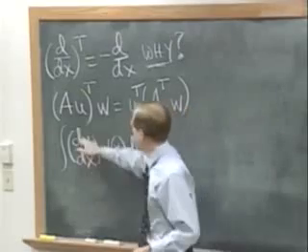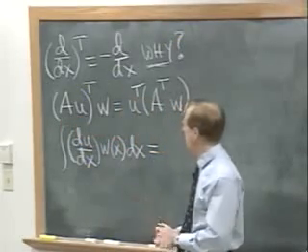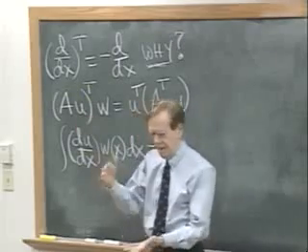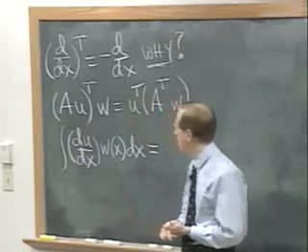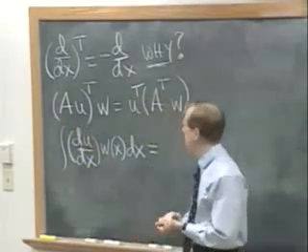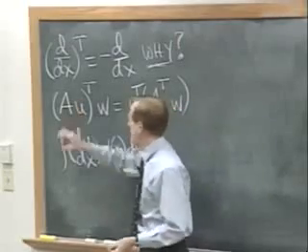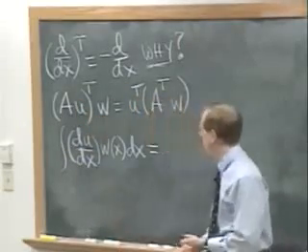If I have a matrix A and a vector U and a vector W, and they're the right sizes, I can form A times U. I'm always thinking of A as m by n, and then U has n components, and then AU has m components, and so does W, so I can take the dot product.